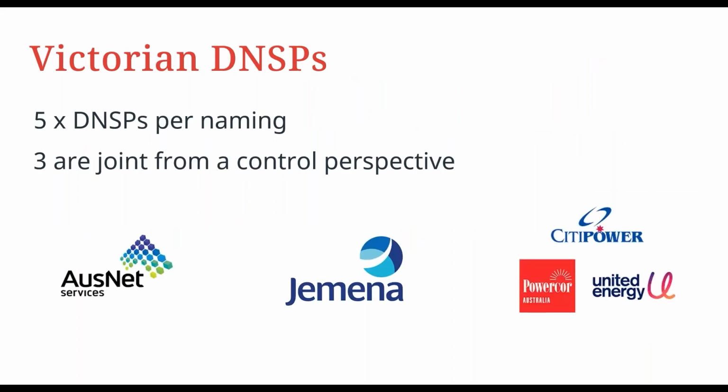As you probably know, in Victoria there are 5 DNSPs if you look at just the names of them. However, you'll only really be going through 3 of them from a control perspective. That may change the way the export limits or the controls are done, so you're really dealing with 3 instead of 5.